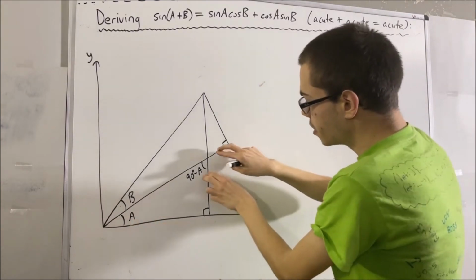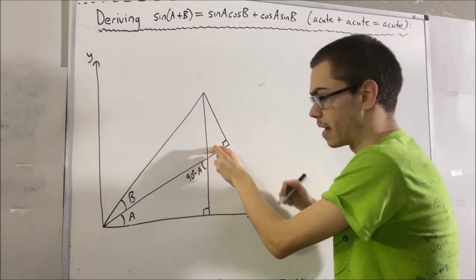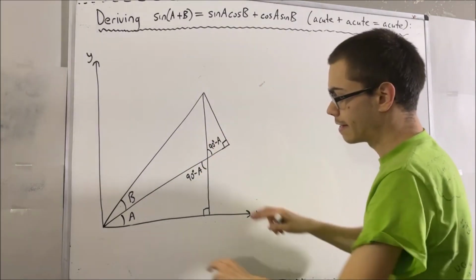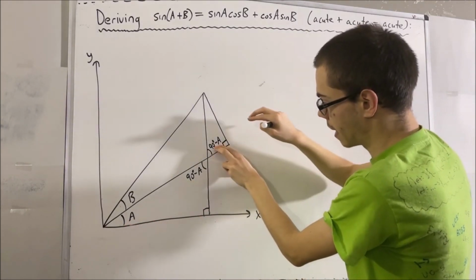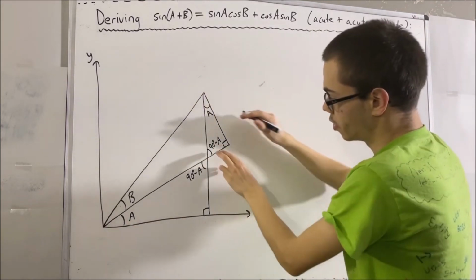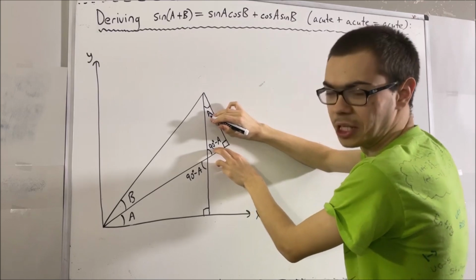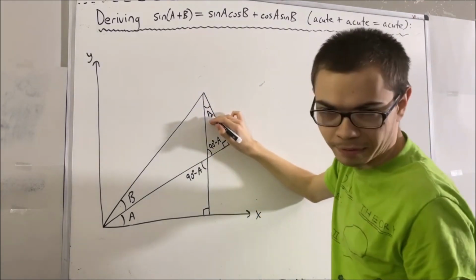And since these two angles are vertical angles, they must be equal. So this angle is 90 degrees minus A. And similarly for what we have here, we know that because this angle is 90 degrees minus A, this angle must be A, right? Because the two acute angles of a right triangle must add up to 90 degrees. So yeah, this is a right triangle with angle A.